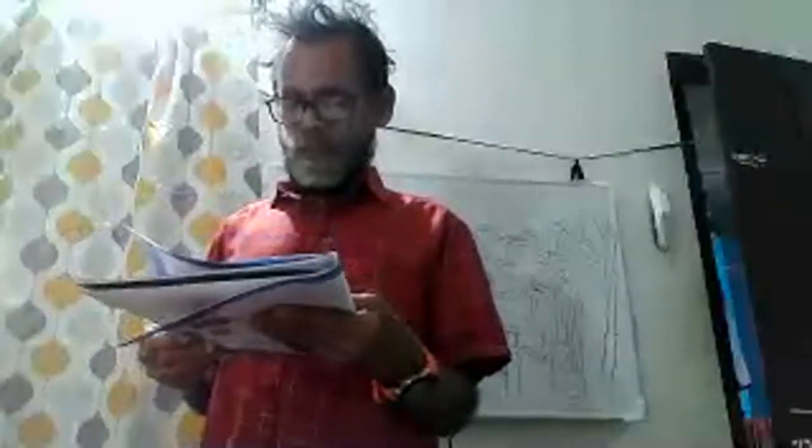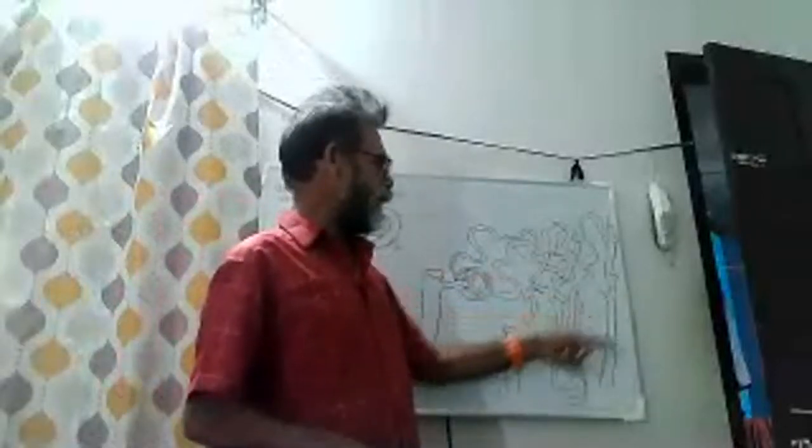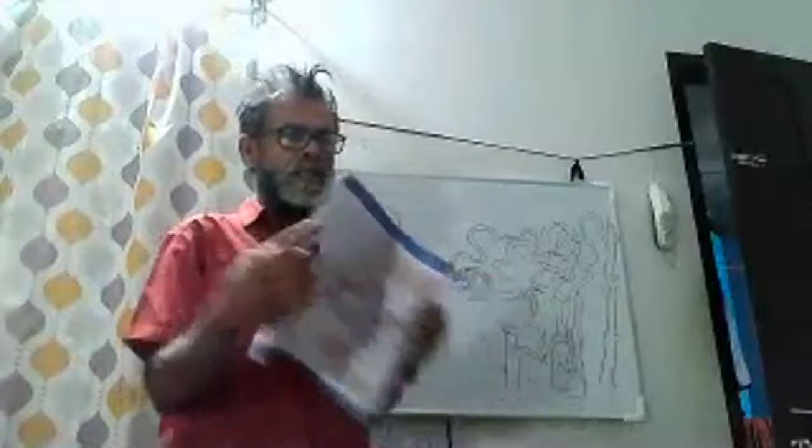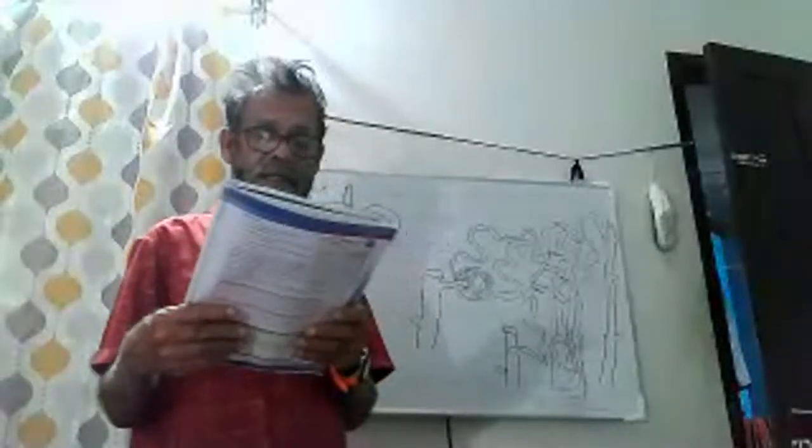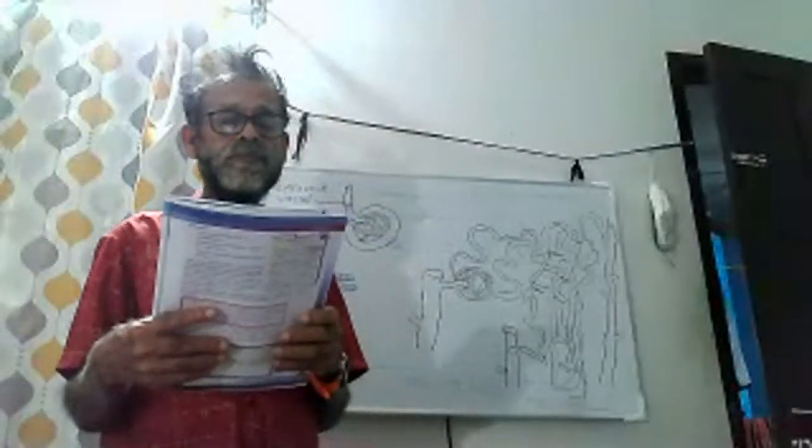The working unit of the kidney is called the nephron. That means the ultra filters are called nephrons. And this renal tubule ends in the collecting tubule. Many renal tubules are entering into the collecting tubule.